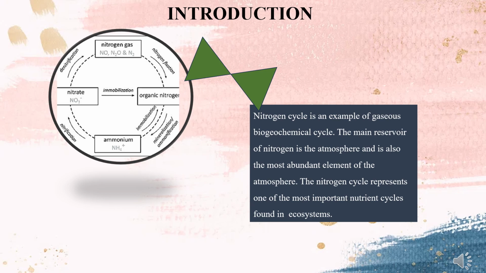So the main steps in the biogeochemical cycling of nitrogen are presented in this figure. The nitrogen gas, then nitrogen fixation, then organic nitrogen production, and then ammonification to ammonium, and then nitrification and nitrite formation, and then denitrification, and again formation of nitrogen gas.